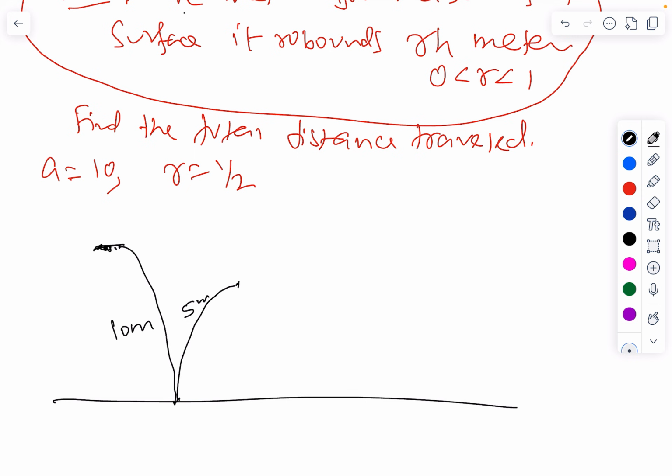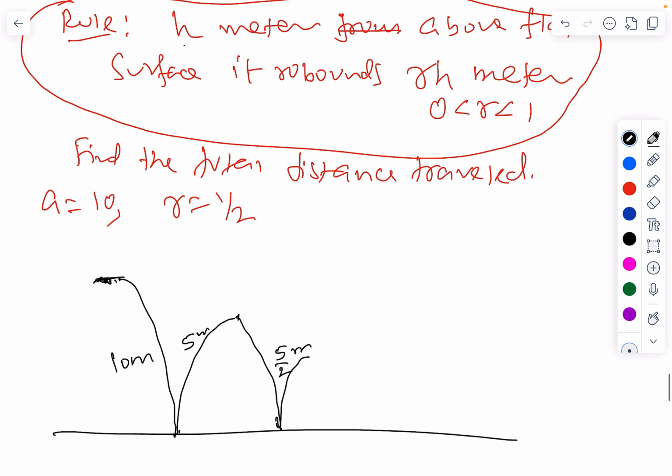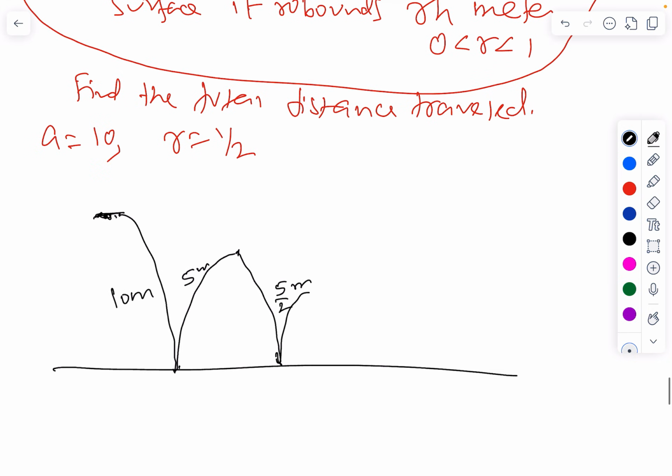And again, now we drop the ball from 5 meter above the flat surface. So it comes here and again rebounds 5/2 meter, because now our h is 5 and Rh is 5/2.